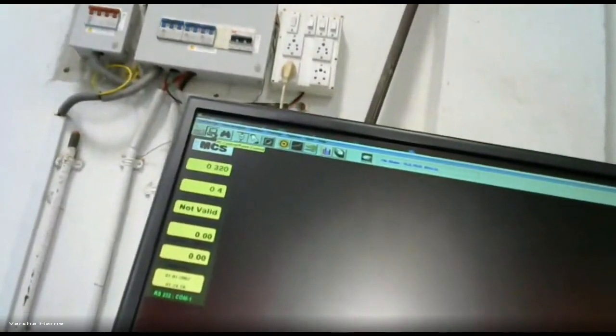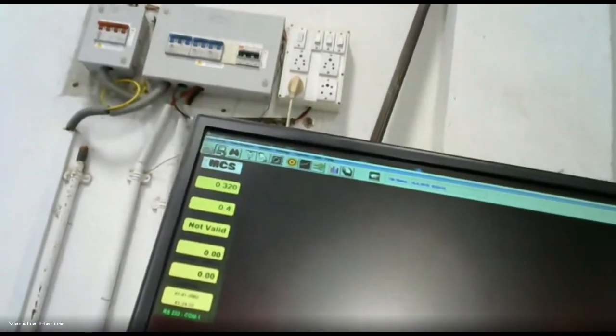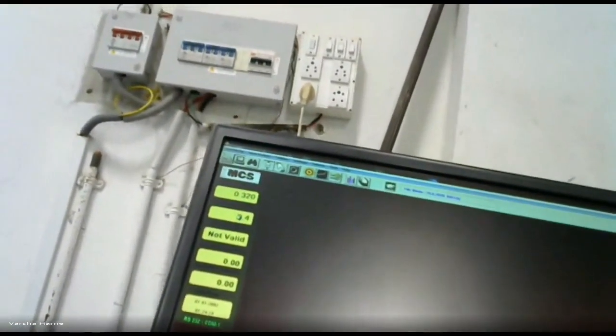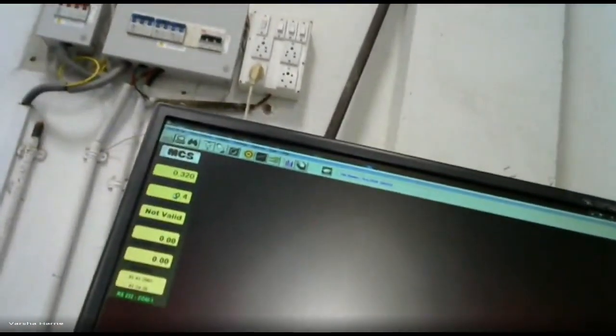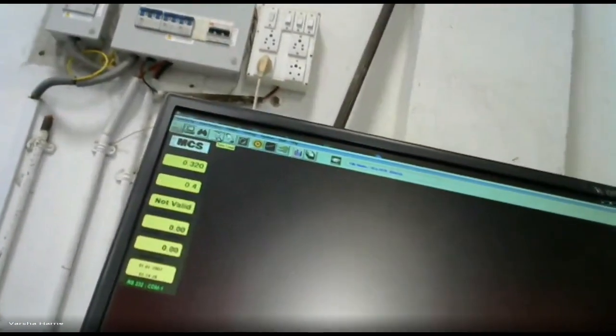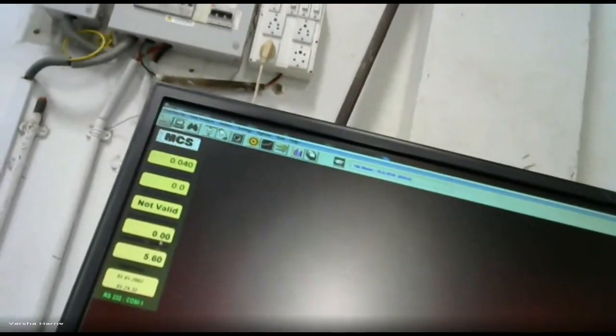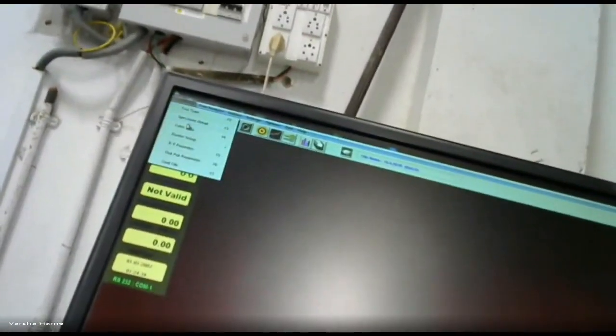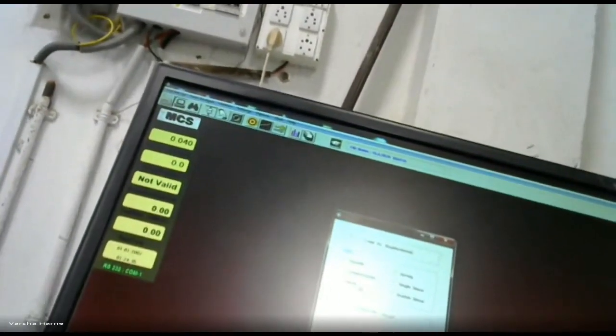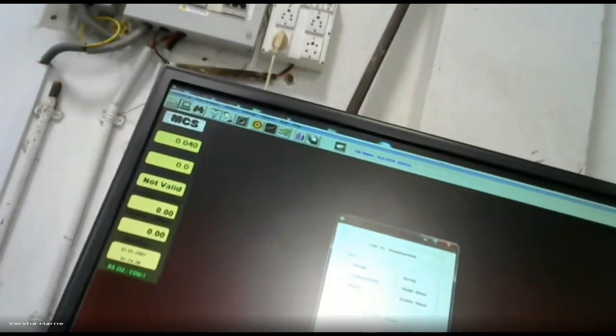Now again, first of all, we have to check the control panel: whatever reading is showing here should be the same on our control panel. So first of all I tare the load, and displacement is also 0. Now the test type, input parameters: bending test, and the graph is load versus displacement.